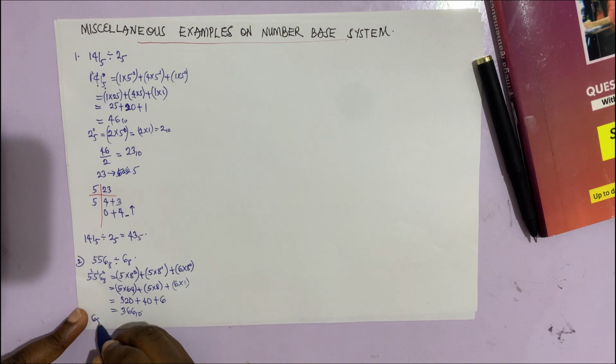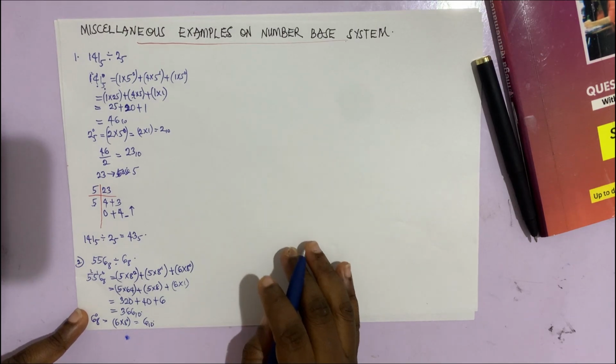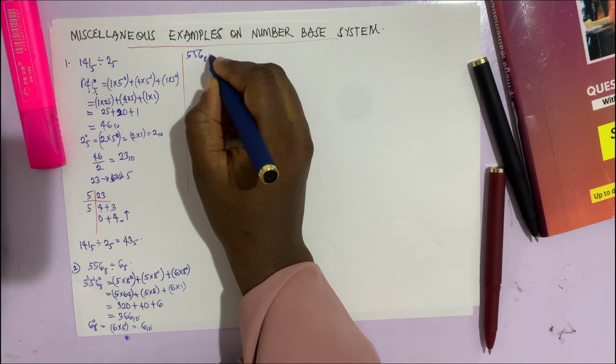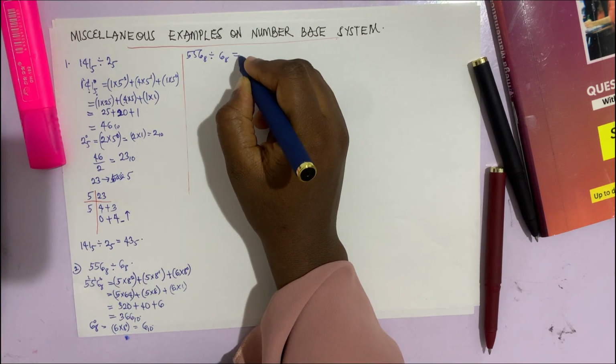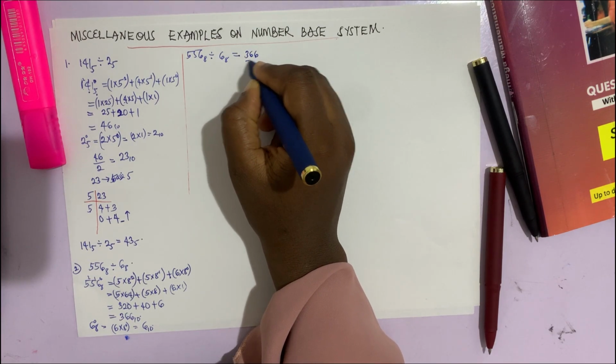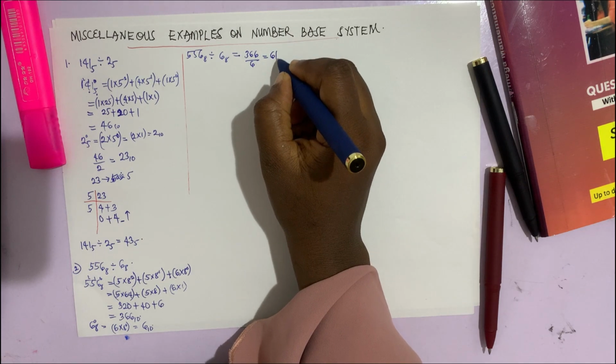So 6 base 8 is still 6 base 10, because it becomes 6 times 8 raised to the power 0, and raised to the power 0 is 1. So 556 base 8 divided by 6 base 8 is 366 over 6 base 10, and this will give us 61 base 10.